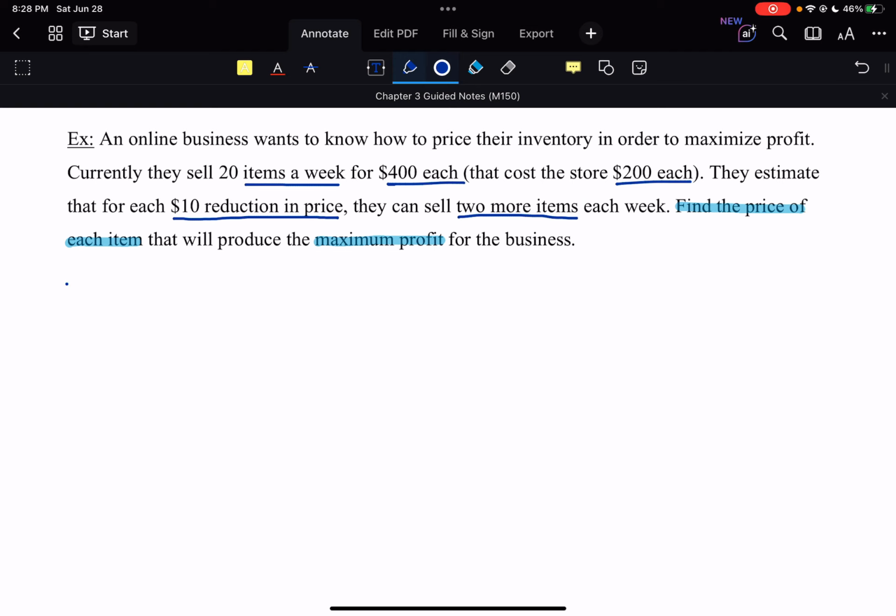Okay, so I'm going to use X to represent the number of items sold. And then I'm going to use R to be the number of price reductions.